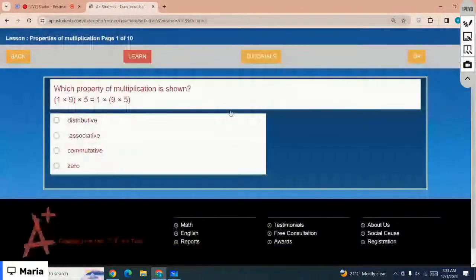Which property of multiplication is shown? Distributive, associative, commutative, 0. Which property is it? That is the property that involves three numbers. On both sides, the numbers are exactly the same. So which is the correct option?